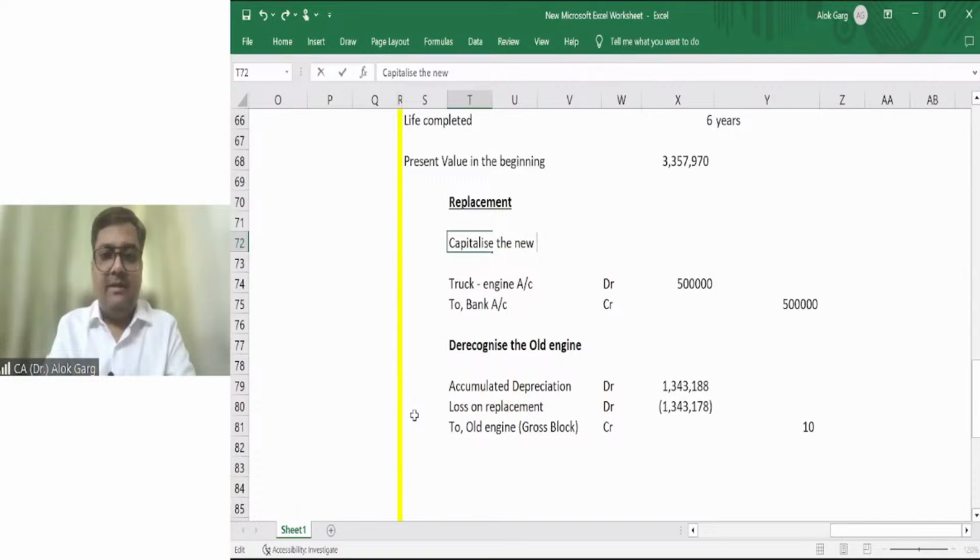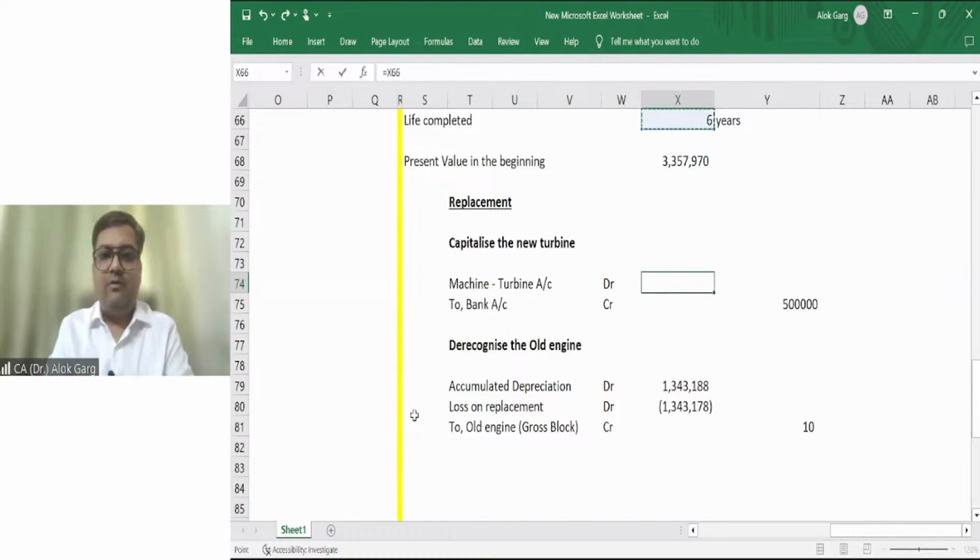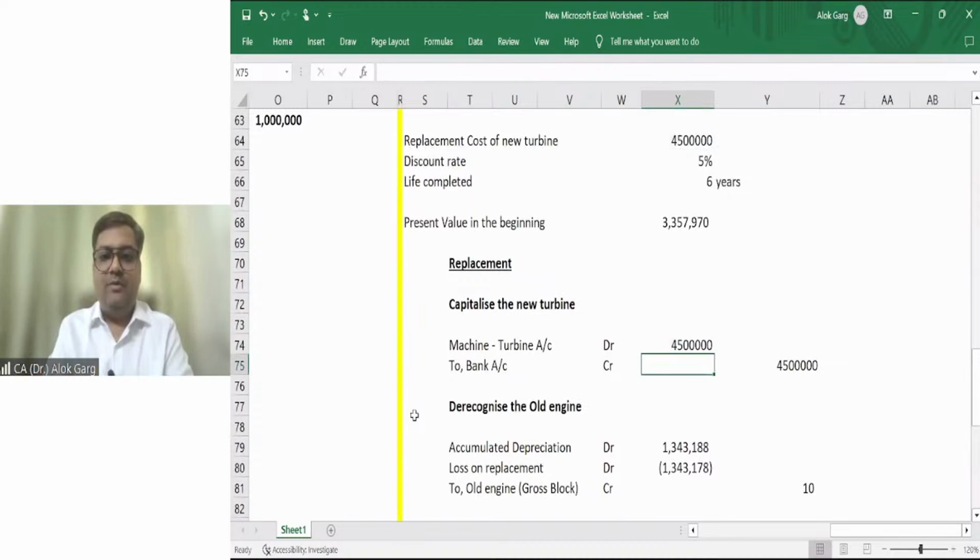Capitalize the new turbine: machine turbine account debit, bank account credit, 45 lakh. The value of the new machinery.